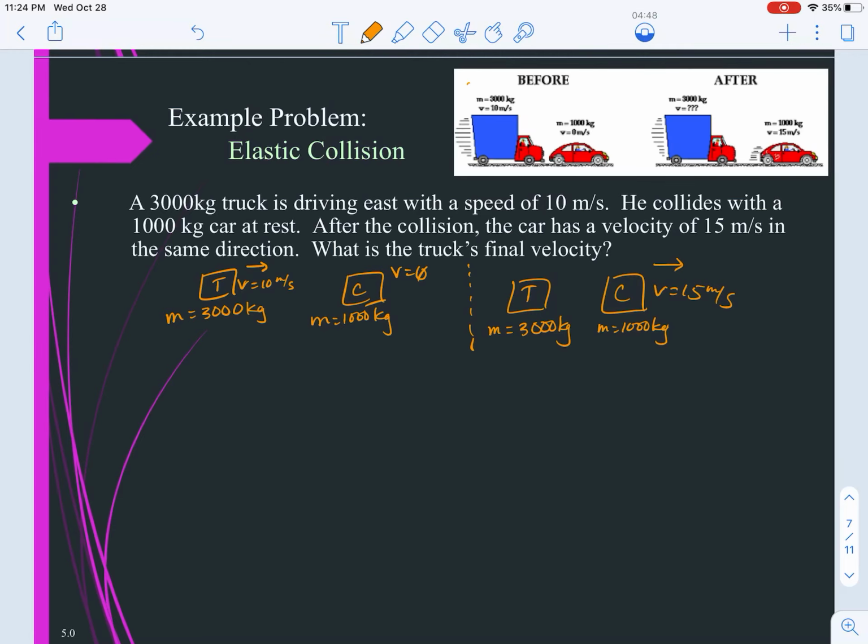The benefit to putting your illustration together, number one, for many of you, is going to help you process what is happening so that you comprehend the storyline, and that will help guide your math work, because you'll understand better what is supposed to be happening with these values. But it also gives you a designated spot for each of your objects. Now we're going to have an object 1 and an object 2.